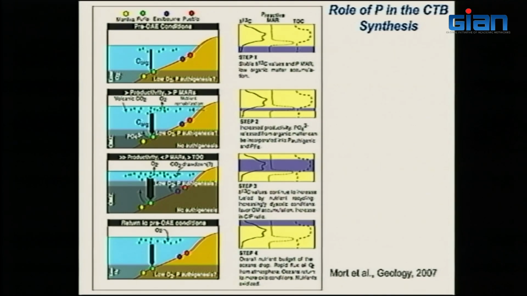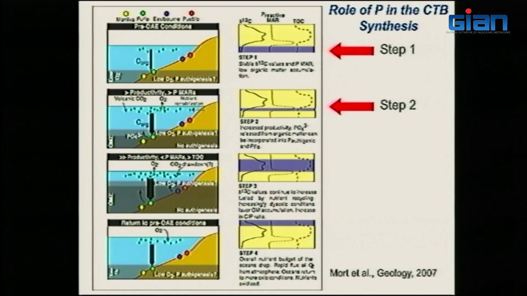First of all, you have this step 1, and during this step 1, you have generally stable delta C13 values and stable phosphorus values, low organic matter accumulation. And after you change this situation, you increase the greenhouse condition, you have more riverine influx, you have more phosphorus flux, and you get an increased productivity and a lot of phosphorus coming just at the onset.